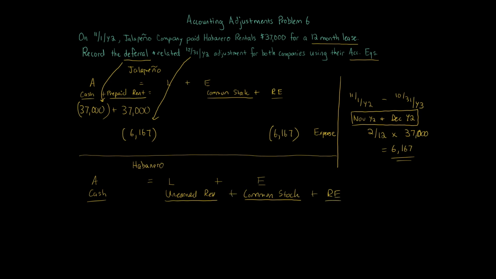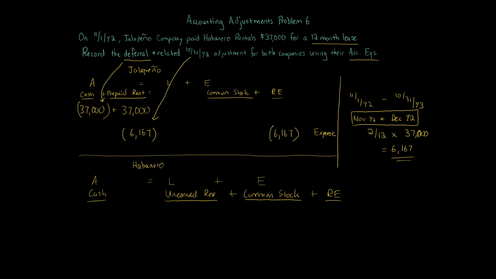The idea here is Jalapeno is purchasing from Habanero Rentals the right to lease property for 1 year. When Habanero sells that, because they're basically selling this in advance, the 12 months have not yet occurred. They are receiving $37,000, but they have yet to perform the services.